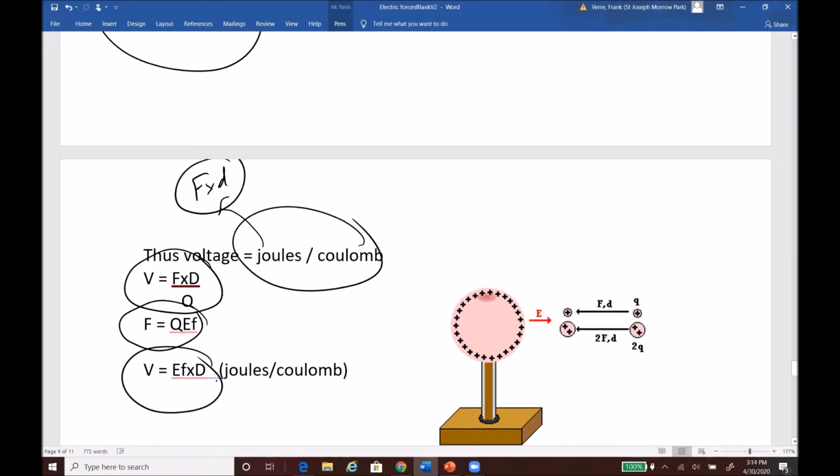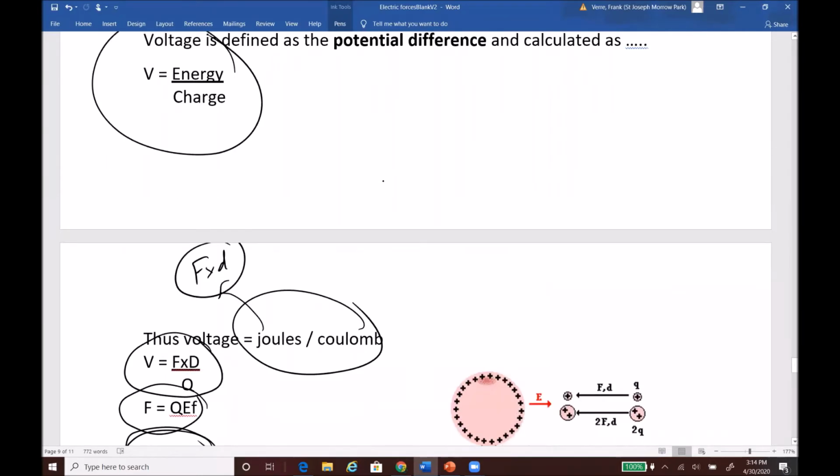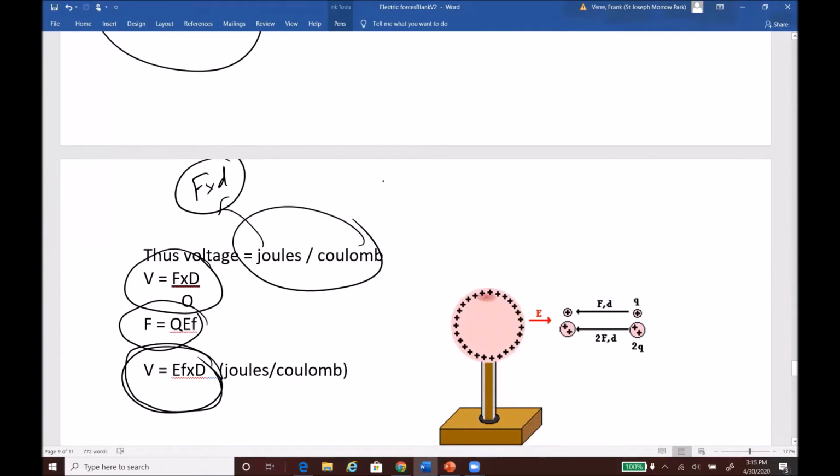Here's an interesting one. Voltage is defined as the electric field strength times the distance. So let's see the connection between these two equations, between this and the previous one, where we define voltage as energy per unit of charge.